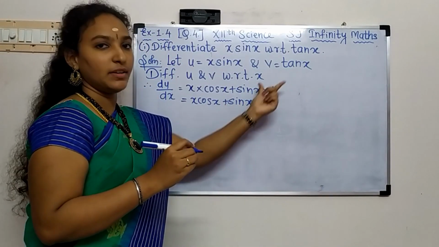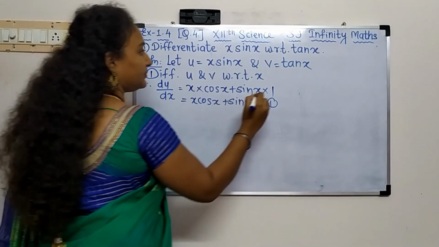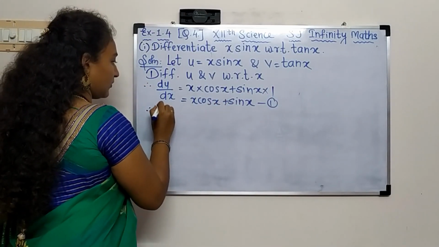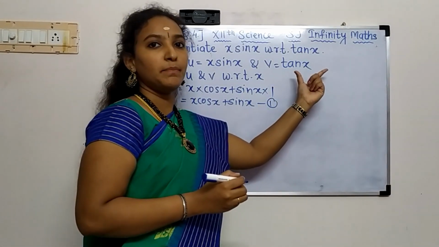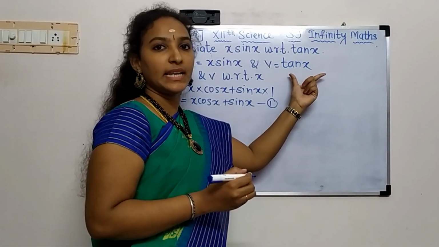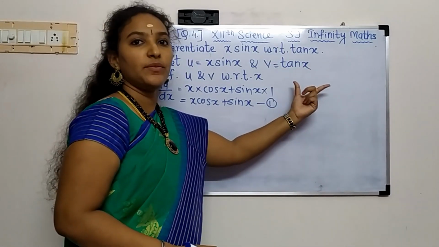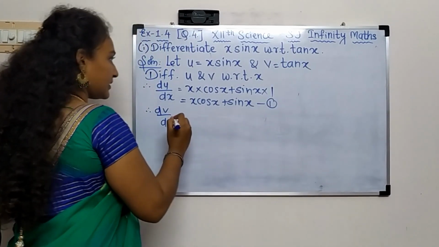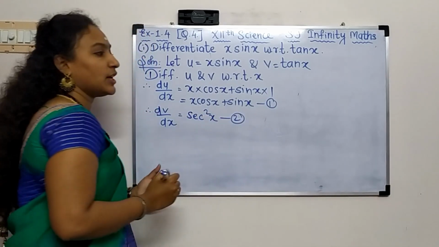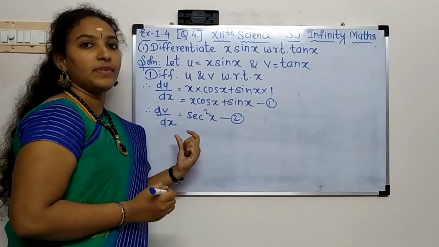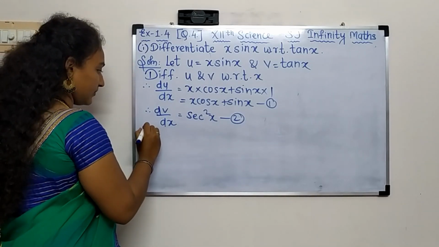Now calculate dv by dx. This is a very simple function. We have to find the derivative of tan x. Derivative of tan x is sec square x. So this is our equation number 2. Now we can find du by dv.